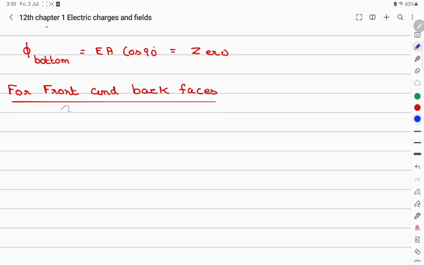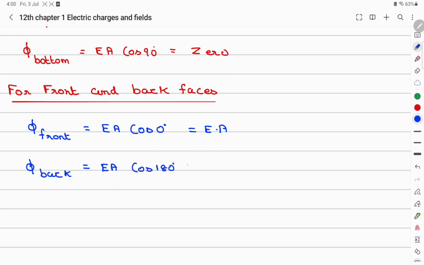So flux through the front is equal to EA cos 0 degree. Cos 0 degree value is 1, so E dot A. And the flux through the back face is equal to EA cos of 180 degree. Cos 180 degree value is -1, so minus E dot A.